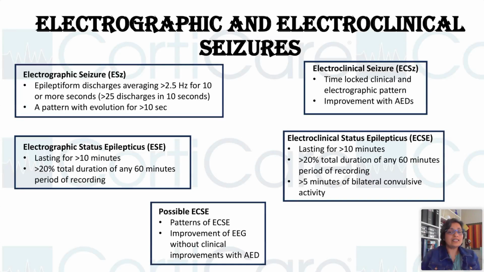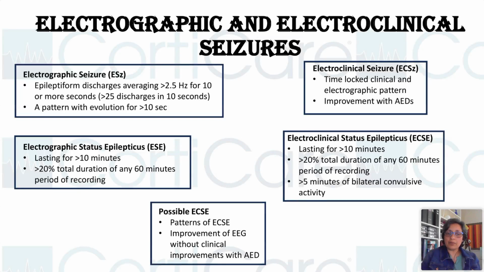Now, what if it is not purely electroclinical? What if it is possible electroclinical status epilepticus? There you're going to see everything you are seeing in the electrographic and electroclinical status epilepticus, all this up here in this rectangle. But the clinical activity gets improved with anti-epileptic drugs.